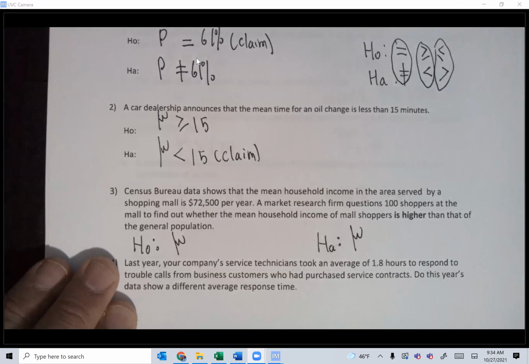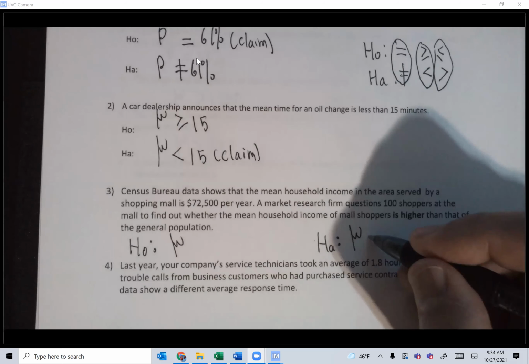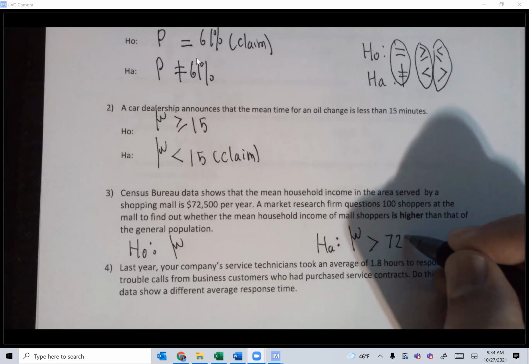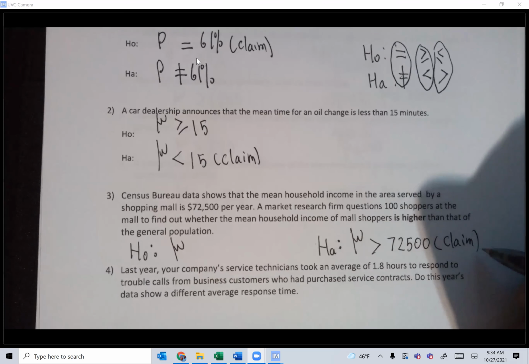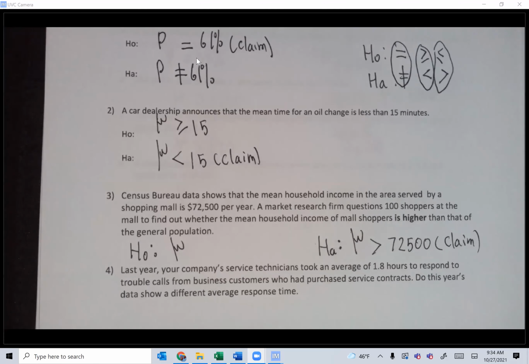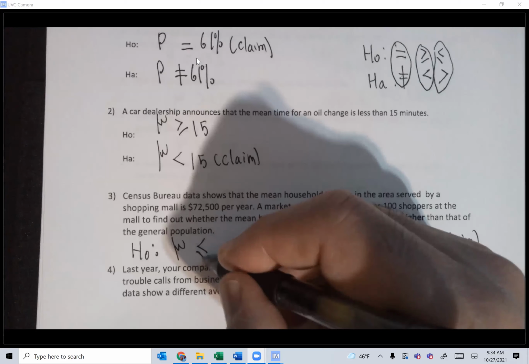What does higher mean, guys? Greater than? Greater than, exactly. That's what we need to find out. If people who live in that area make more than the average salary of $72,500, exactly. And then this one will be less than or equal to.